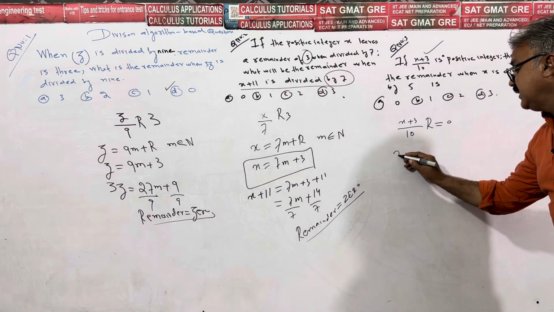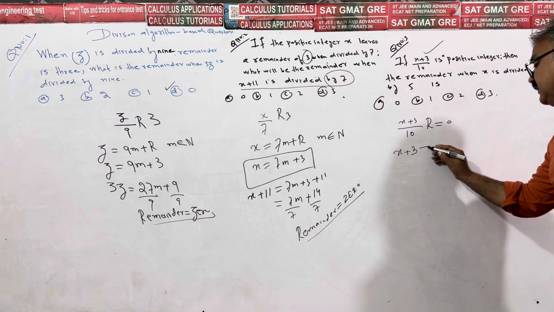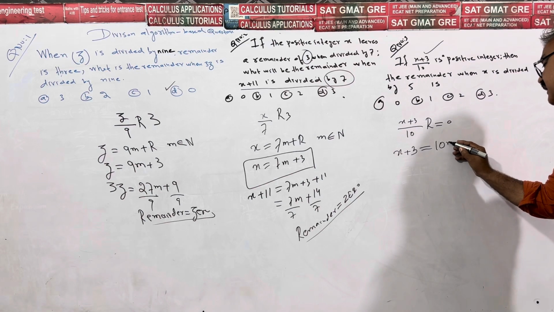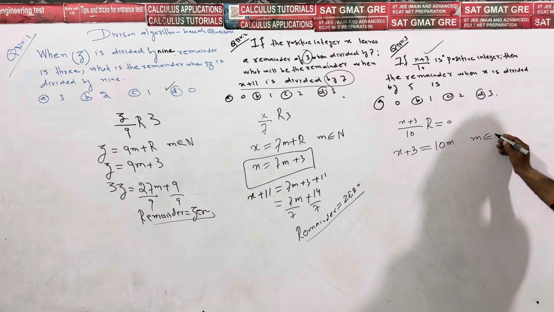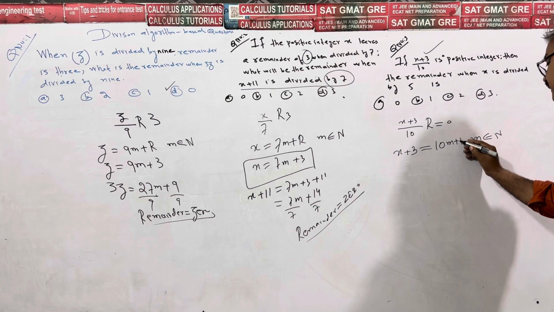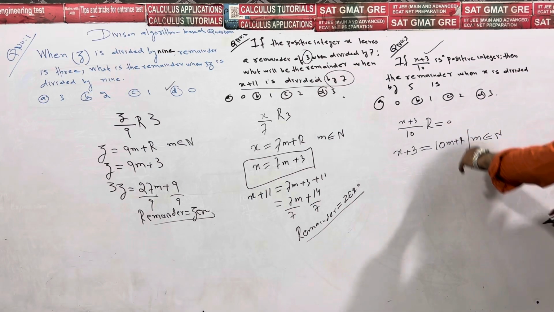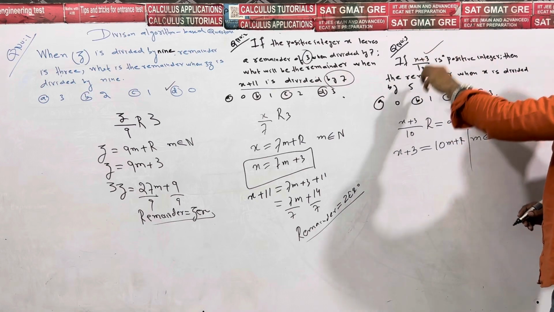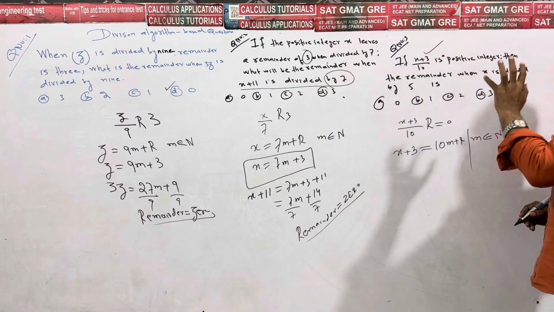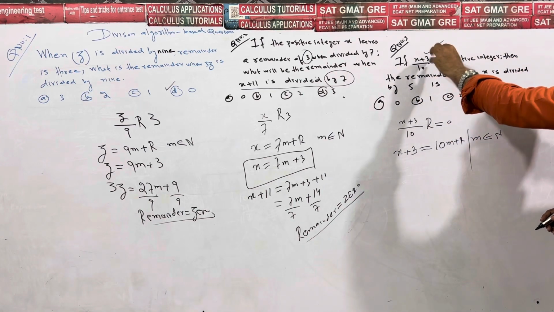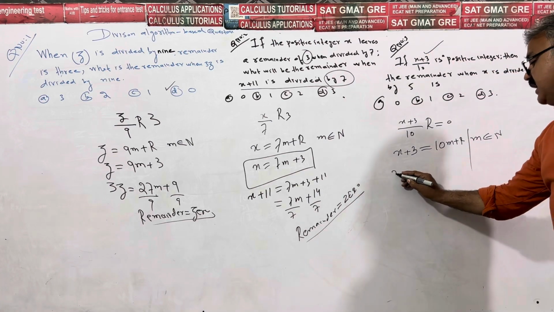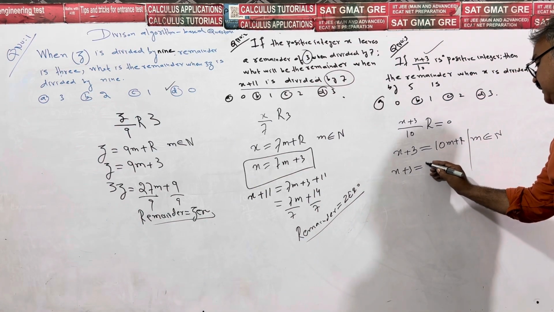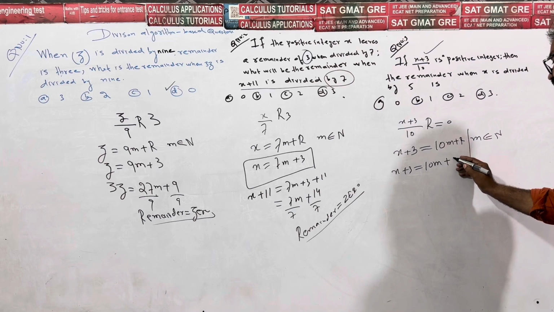So I can write x plus 3 as 10 times m, where m belongs to natural numbers again, plus remainder. In that case, there is no remainder because 10 divides x plus 3 completely, so the remainder is 0.